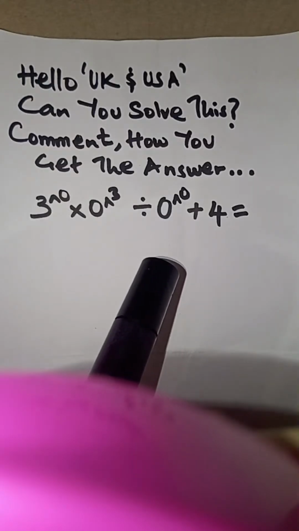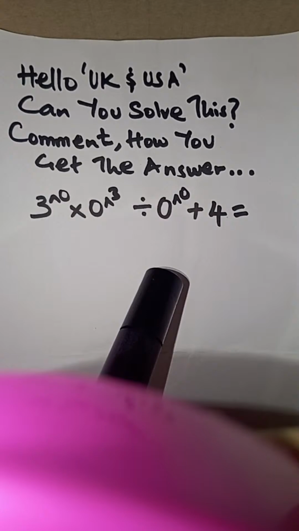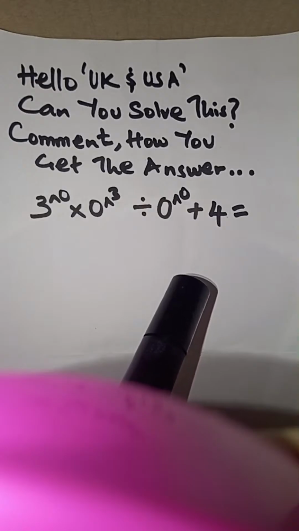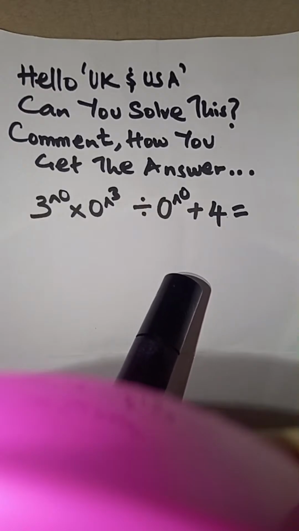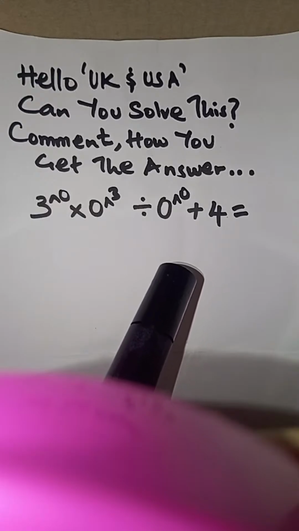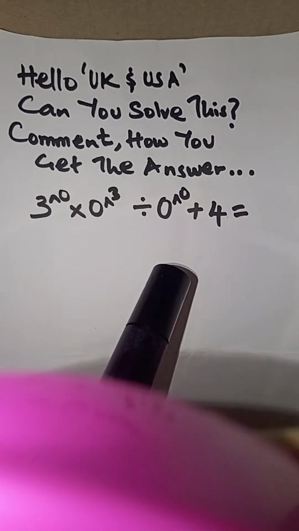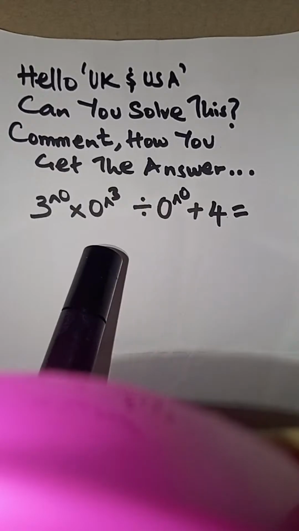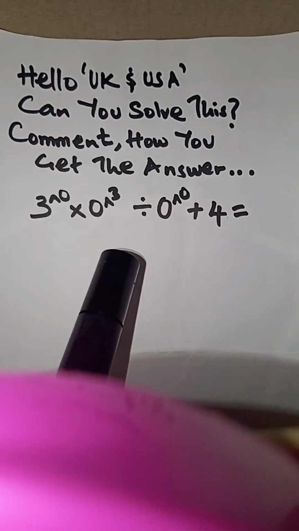Fullmon is saying using PEMDAS you're gonna get 4. How do you get this answer?